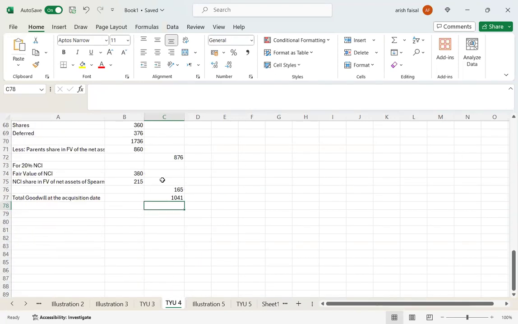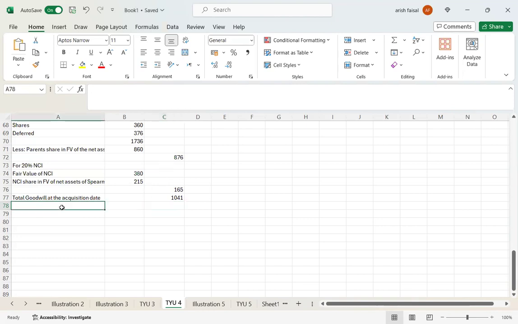So you have to be careful in the exam question. Obviously, if you're making the balance sheet, I don't need the goodwill at the acquisition date. I need the goodwill which is after the impairments, right? But in an MCQ based question, you might be asked to calculate the goodwill at acquisition or the goodwill at the reporting date. So be careful what exactly has been asked in the question and answer accordingly.